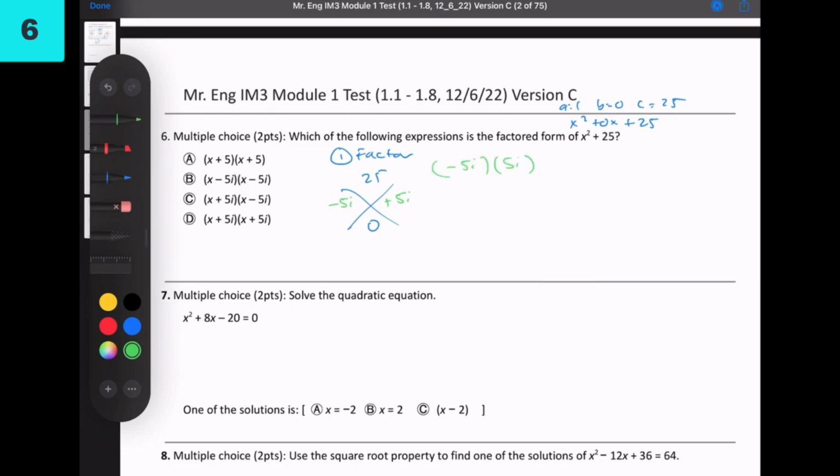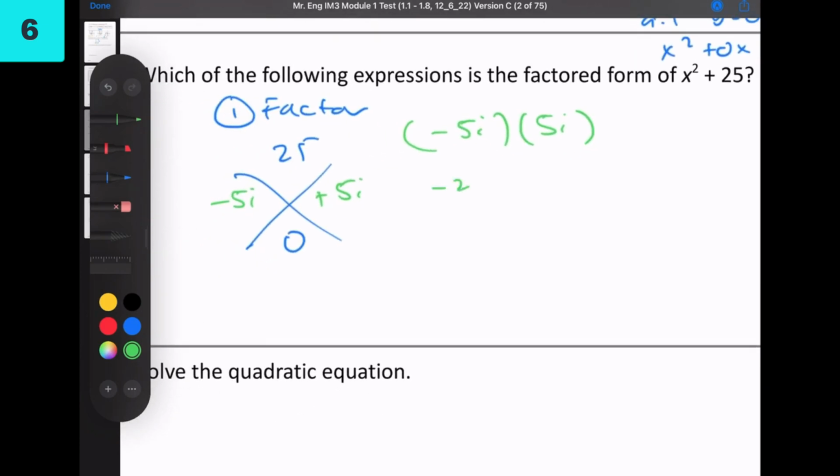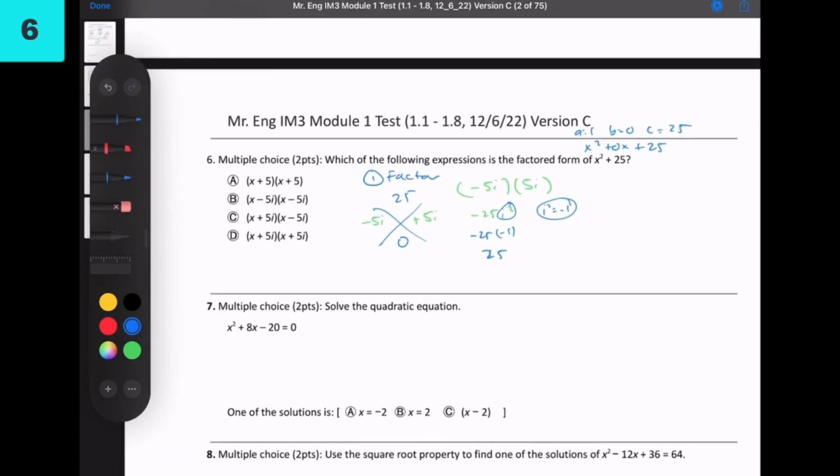Because if you multiply those two, you will get negative 25i squared, and i squared is equal to negative 1. So that will give you a positive 25. So that would be choice C. You'll notice that you are basically just putting in here in red negative 5i and positive 5i.